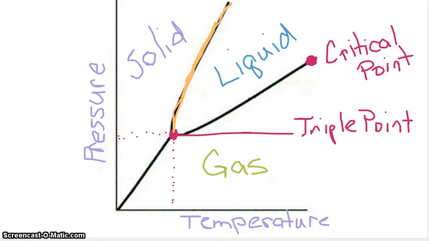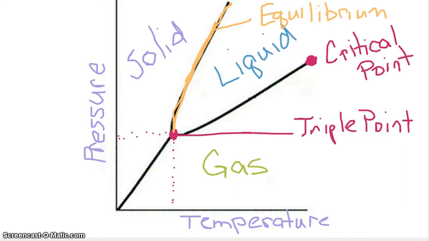So depending on what you did, if you were to move from a solid to a liquid, you would be melting. So if you increase the temperature, it would melt. Or if you went from a liquid to a solid, that would be freezing. So if you look right on any one of these lines, that is an equilibrium. So that equilibrium means that's where it's changing back and forth between the states. So those are the basics you need to know for a phase diagram.